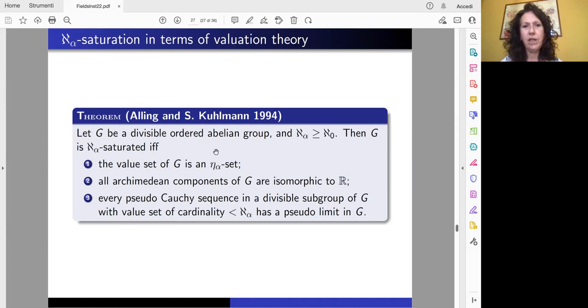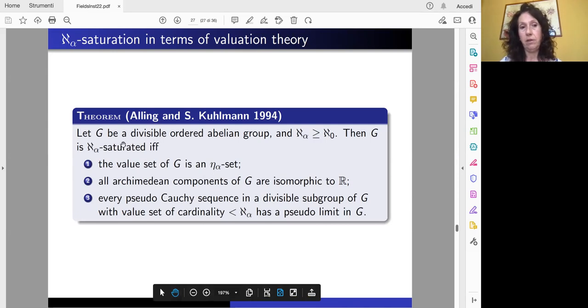So if we take G, a divisible ordered abelian group, and alpha at least countable, then there is the following characterization: G is alpha saturated if and only if the value set with respect to the natural valuation is an eta alpha set, all Archimedean components of G are isomorphic to R, and every pseudo-Cauchy sequence in a divisible subgroup of G with value set of cardinality less than alpha has a pseudo limit in G.